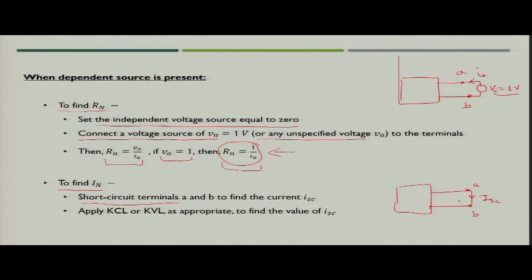So, for this what do you have to do? You have to just apply either KVL or KCL, whichever is appropriate for that circuit, and find the value of the short circuit current.